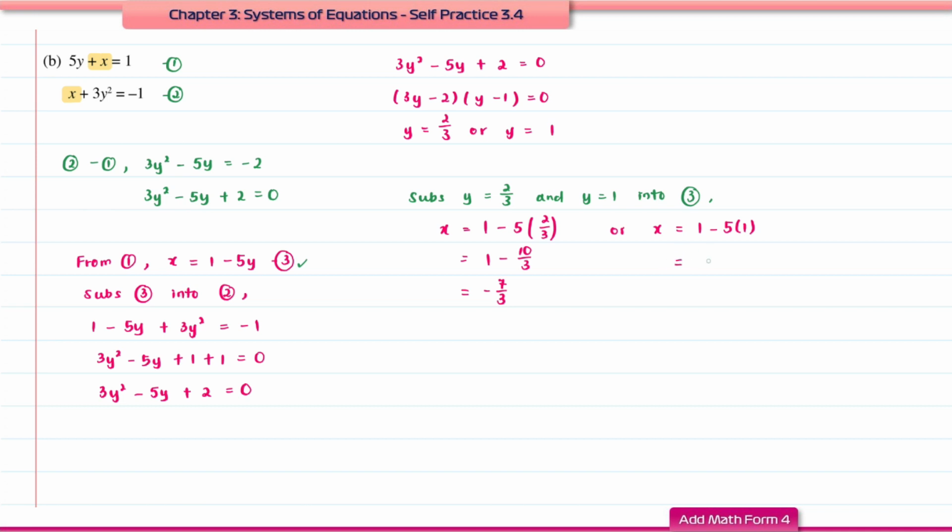Here you're going to have x is equal to negative 4. So the answer for question B will be the first one, when x is equal to negative 7 over 3, y is equal to 2 over 3. And another pair of answers is when x is equal to negative 4, y will be equal to 1.